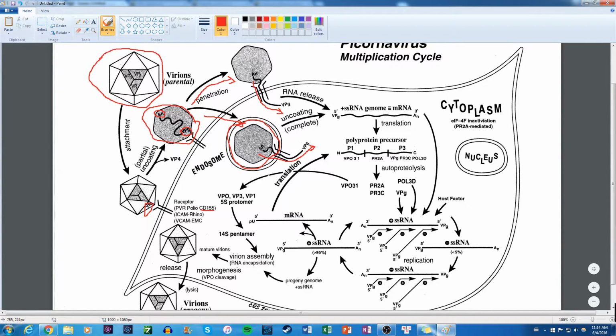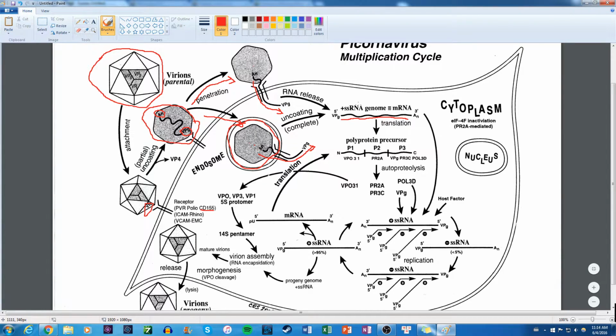So with either pathway, you have the RNA go into the cytoplasm. You can see here, positive single-strand RNA. The first thing that polio, or Picornaviruses in general, does is translate their genome, because if you recall from the beginning of the quarter, you can always think of Picornaviridae as a messenger RNA molecule.